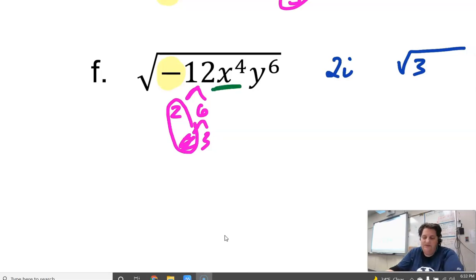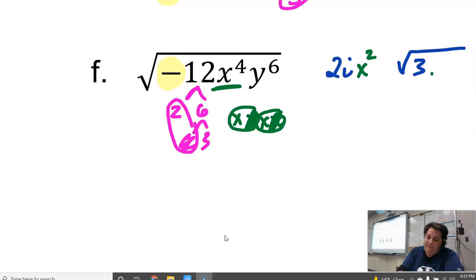Now I have x. I'm doing it in the same way, right? I'm breaking it down, but look, there are 4 x's. So if I look for my pairs, I have 2 pairs. That one dies, that one dies. So there's x squared, none left. Now I'm going to look at my y's. I have 6 y's.